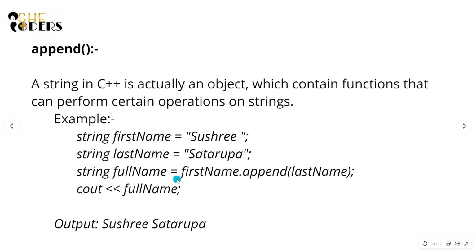So string full name is equal to first name dot append last name, because we want to append the last name to the first name. That is, first name will be coming first and last name will be coming next to the first name. So here I have appended the last name to the first name and stored it in the full name. So output will be simply Sushri with a blank space Satarupa.